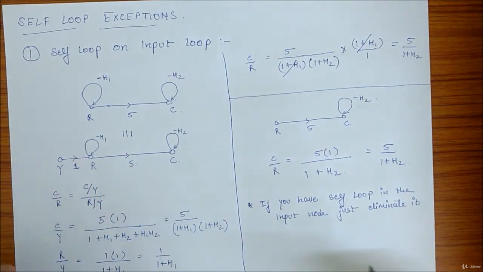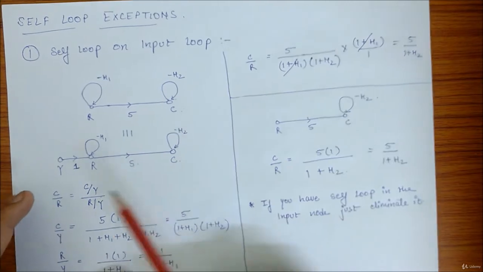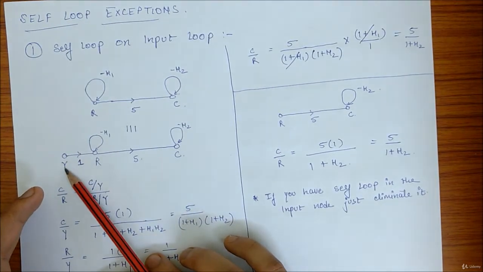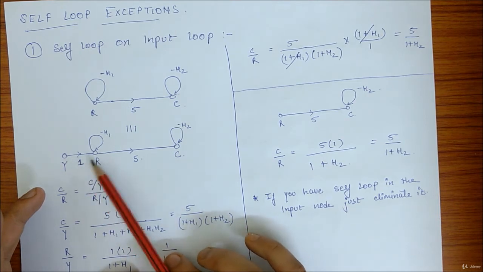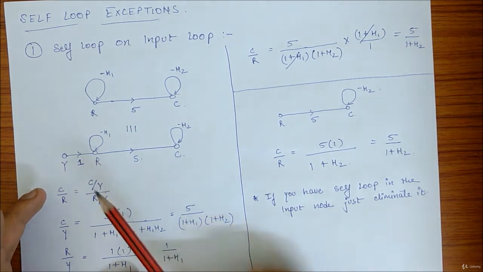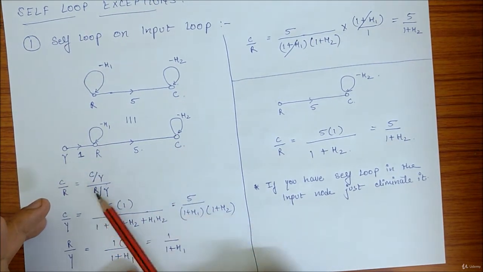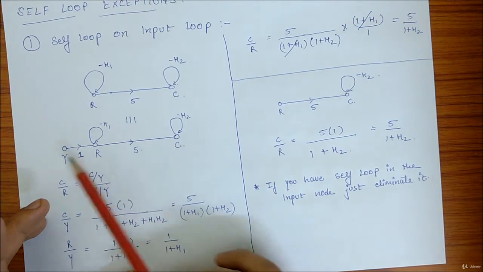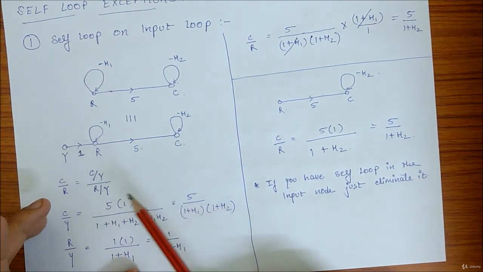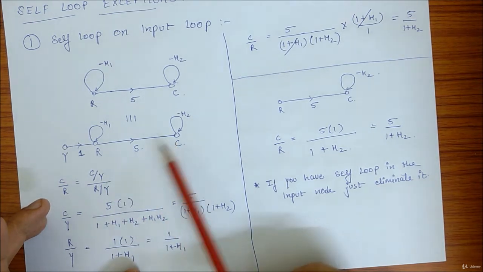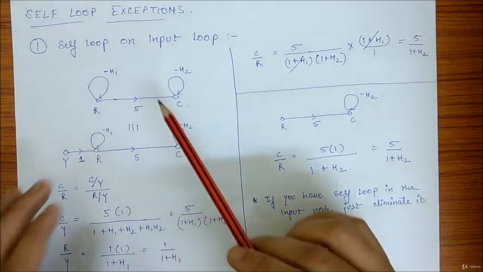At the output node a self loop is fine, but in the input node you have to be careful. So now c by r will be equal to c by y divided by r by y, and if you divide these two you will get c by r. Okay, so that is how you proceed.